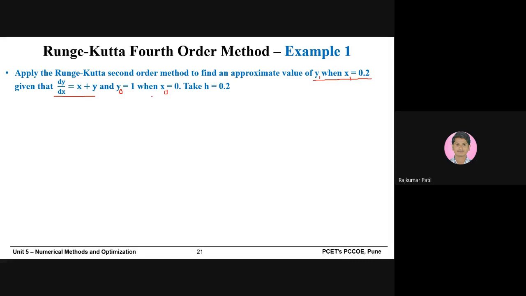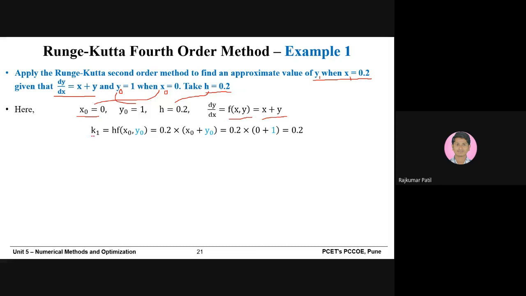So x naught, y naught are given to you, and the increment h is given as 0.2. First step, write down the given data. So x naught is 0, y naught is 1, h is 0.2, and dy by dx can be written as f of x, y, which is equal to x plus y.